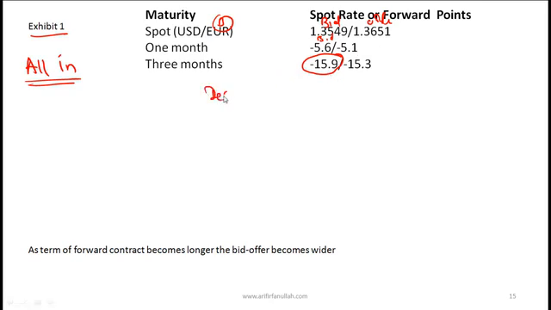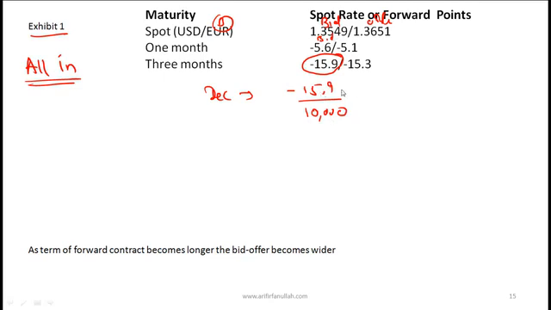So to convert into decimal, we say minus 15.9 divided by 10,000. The point here is that if our currency is quoted in terms of 4 decimal places, then we need to divide the points, in this case 15.9, by 10,000. Notice the 4 zeros here corresponding to the 4 decimal places.